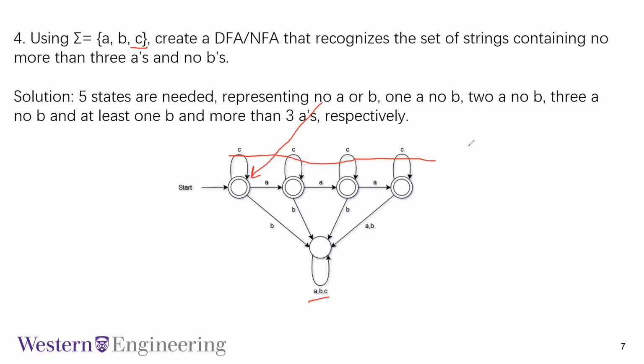So in the language that we are worrying about, we essentially don't even have to worry about having A or B, right? So we could technically make a DFA that would be a single C with a repetition. Wouldn't that be a correct statement? The DFA recognizes the set of strings containing no more than 3 A's and no B's, so we have to have up to 3 A's, but we could technically only have the start state, which is a final state as well.